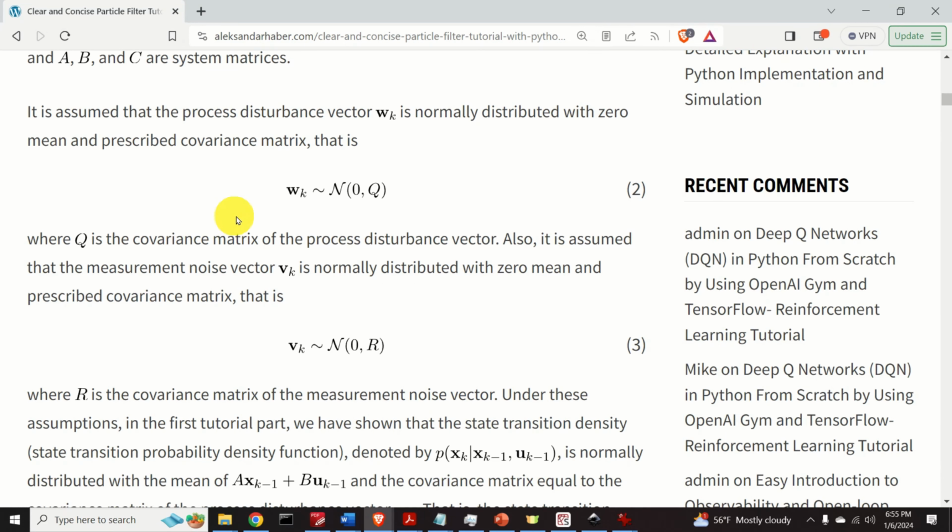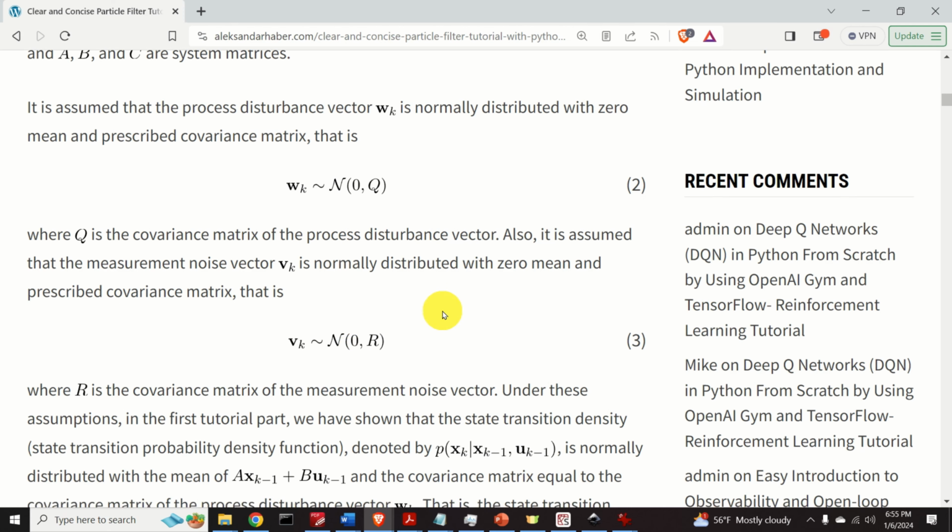We assume that the process disturbance vector wk is normally distributed with zero mean and with a covariance matrix equal to q. Also, we assume that the measurement noise vector vk is normally distributed with zero mean and the covariance matrix equal to r.